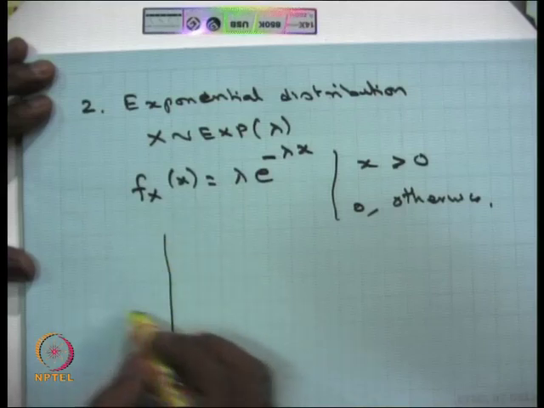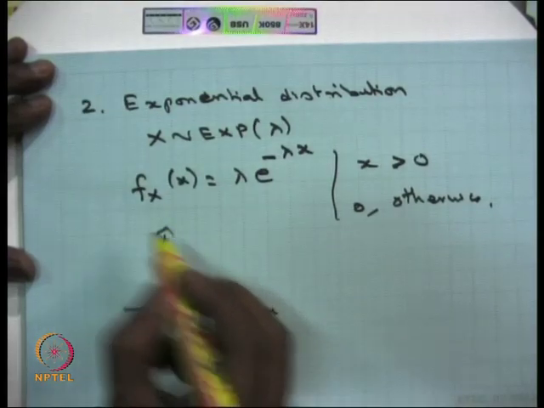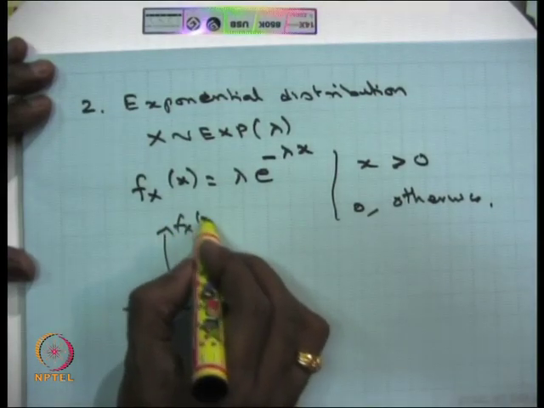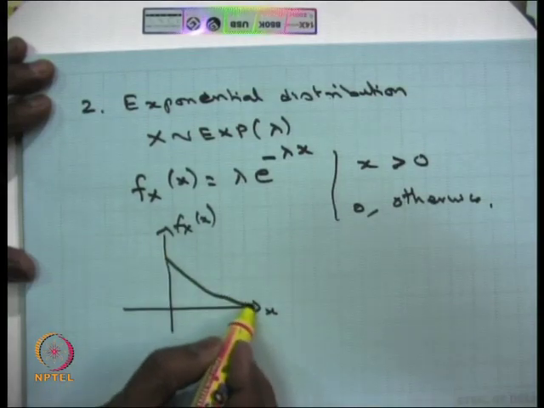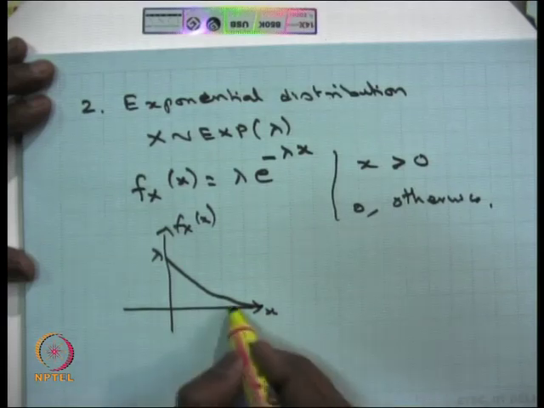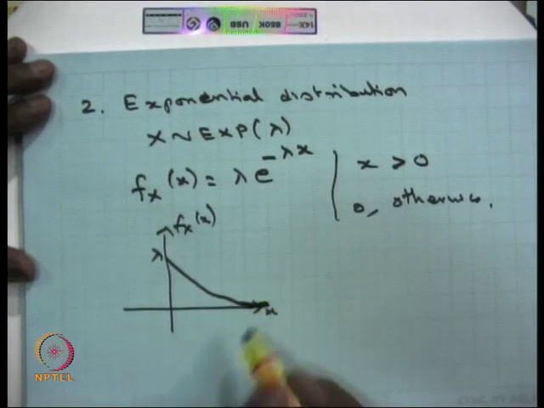If you see the probability density function of that continuous random variable, it starts from lambda and asymptotically touches 0.